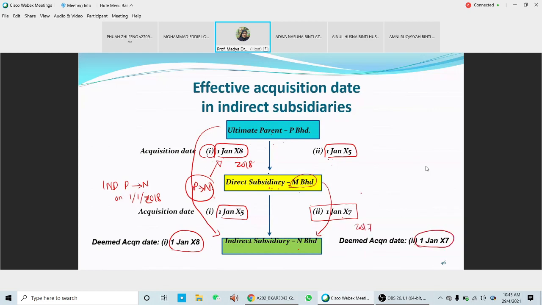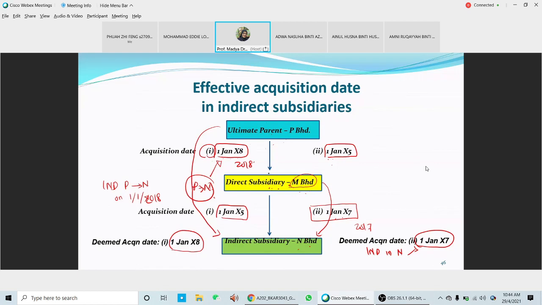Before this, the parent acquired M, but during that time there is no N yet. Then after that in the year 2017, M acquired N. So the parent is considered to have indirect interest in N starting from 1st of January X7. So this is what I mean by number 1 and number 2 in slide 45.